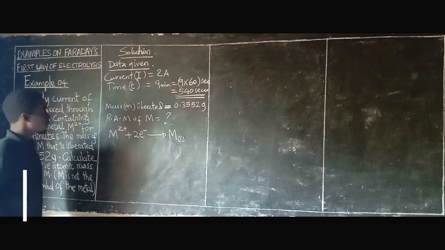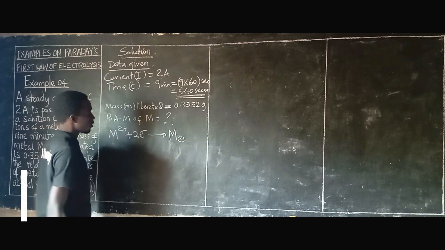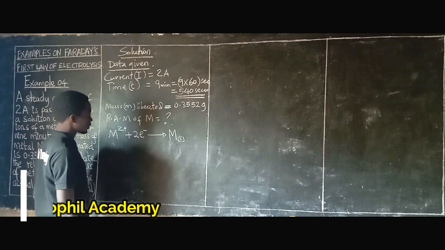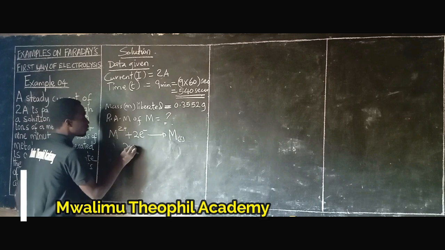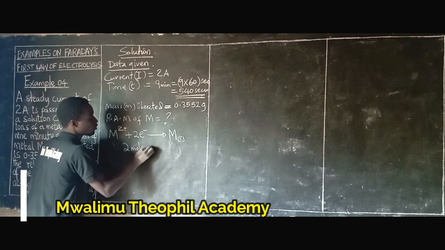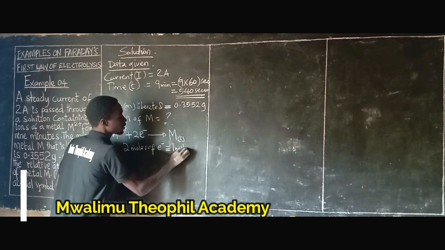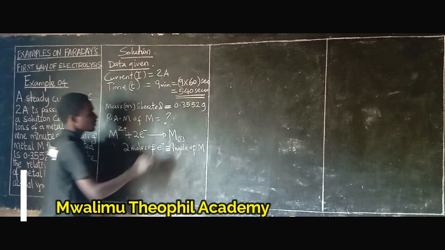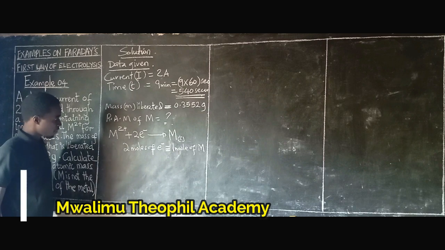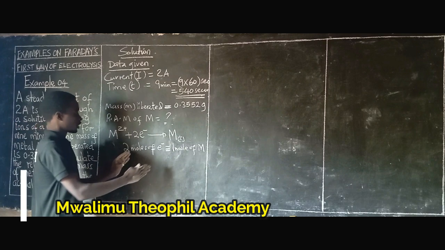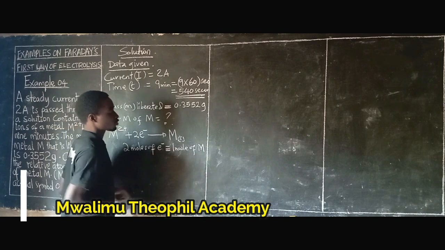Now, what next? We can relate this balanced chemical equation by using the concept of mole and the general idea of stoichiometry: from the balanced chemical equation, 2 moles of electrons are equivalent to 1 mole of M. Now, we can change this number of electrons into Faradays and write these moles in terms of mass.